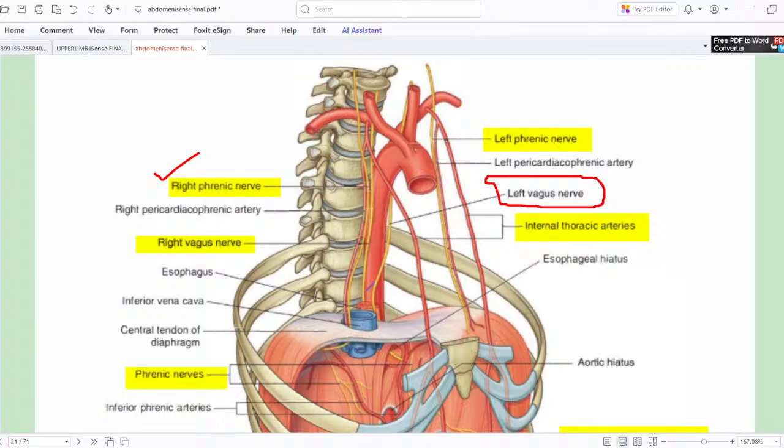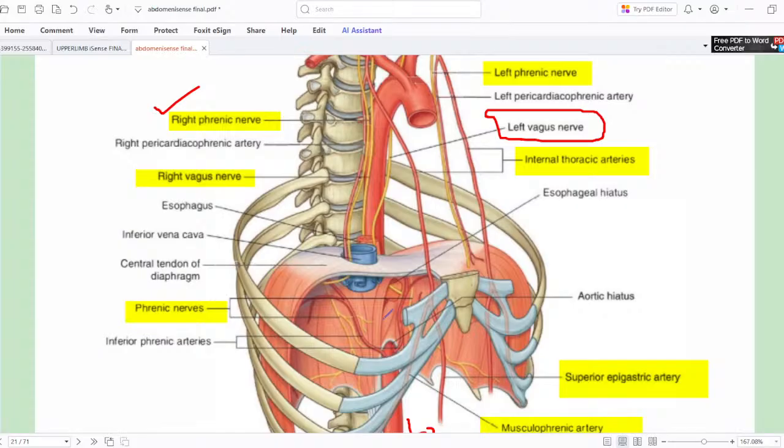Okay, again have a gross look, just to have a photographic idea of these structures. The right phrenic nerve comes down with the vena cava. It is not very important, just to have a gross look.